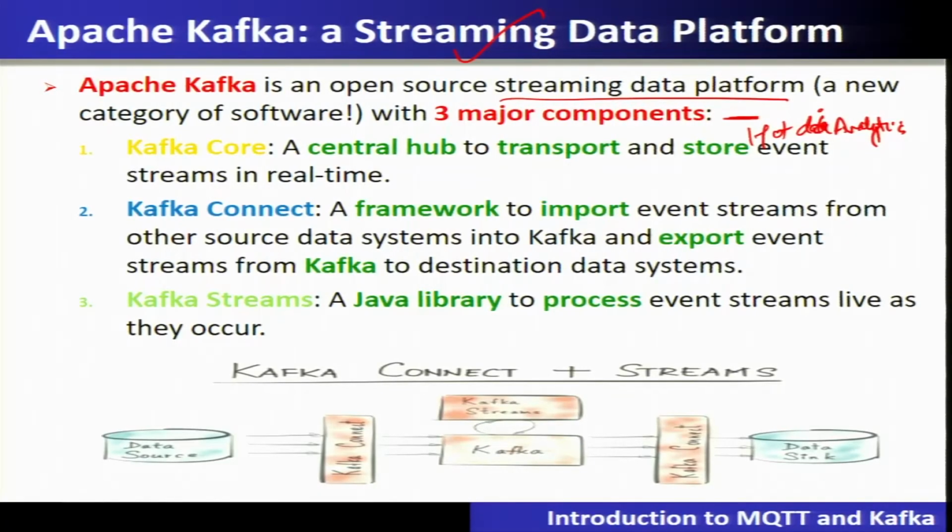This hot data analytics or streaming data analytics requires the support of open source software like Apache Kafka. From that aspect, IoT systems or IoT platforms often support hot data analytics. Therefore, Kafka is a mechanism which has to be connected with an IoT system. Let us see how Apache Kafka can become a streaming data platform.